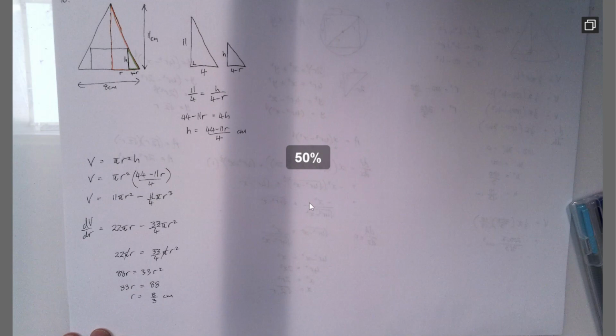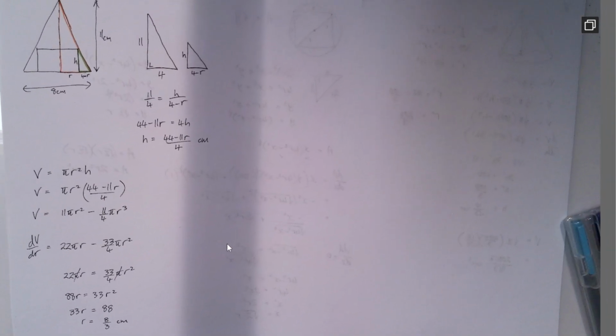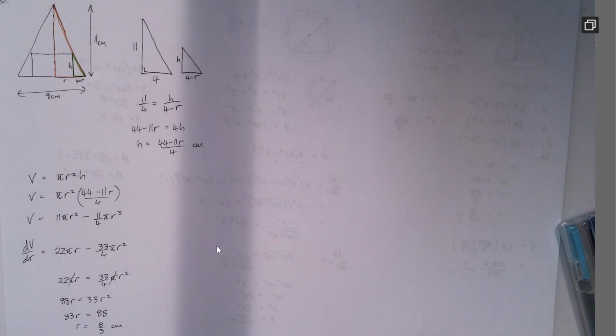Cancel the pi and the R, so R equals 8 over 3... so R equals 3 centimeters.